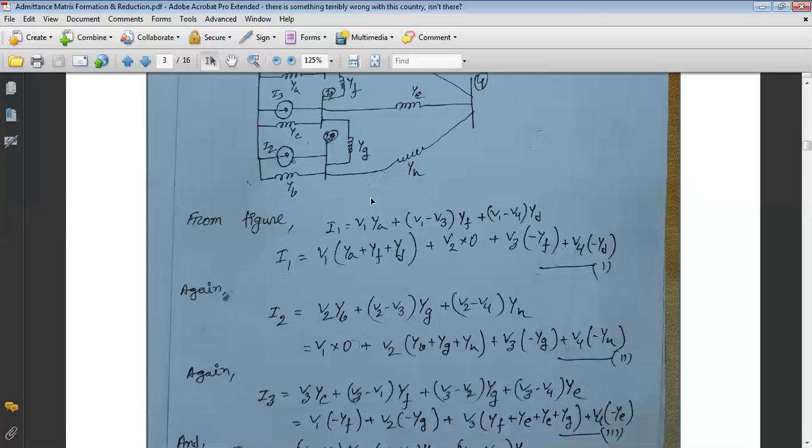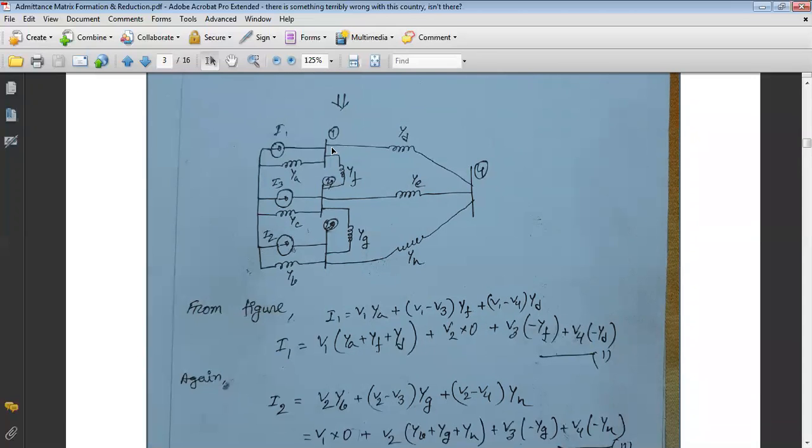Now if we find the coefficients of the bus voltages, the coefficient of V1 is YA plus YF plus YD. There is no bus 2 voltage term, because there is no connection between bus 1 and bus 2, so no current passes from bus 1 to bus 2 directly.